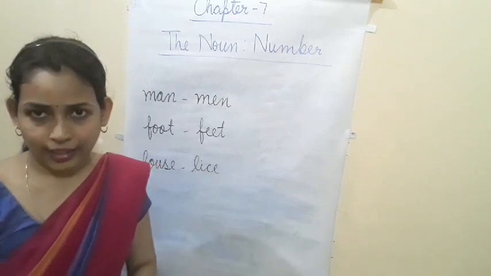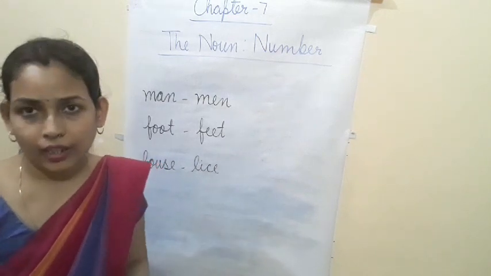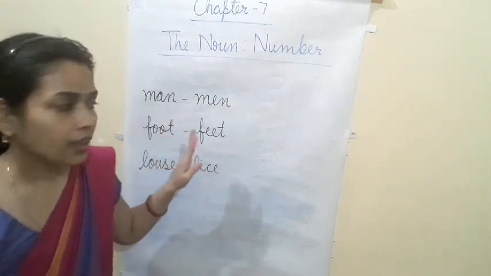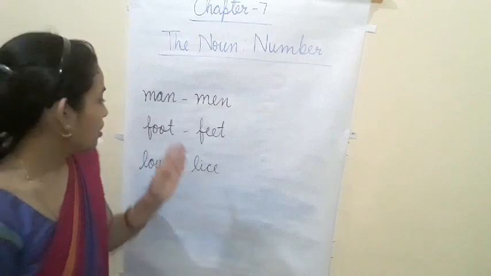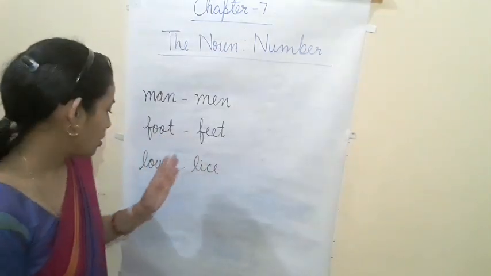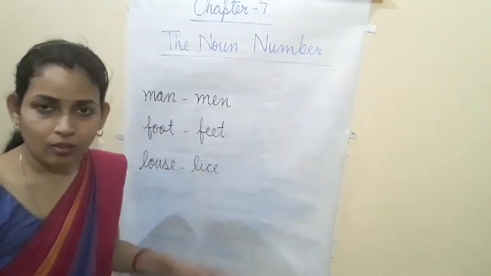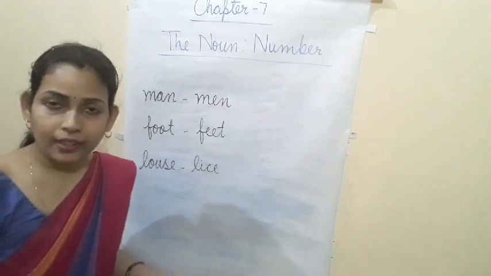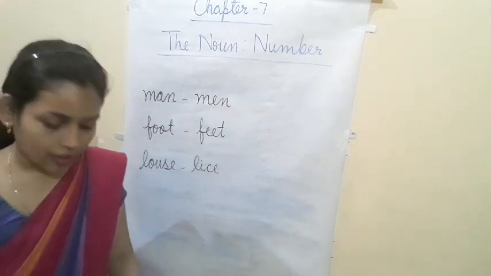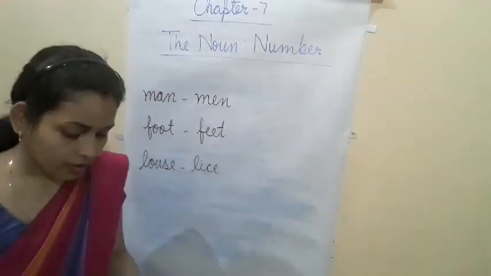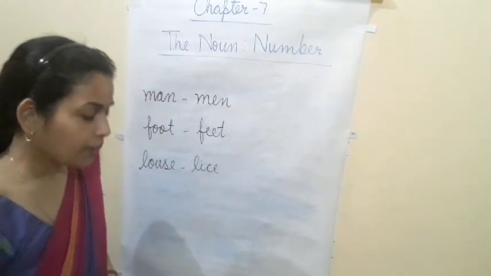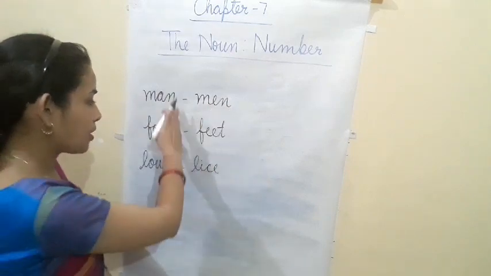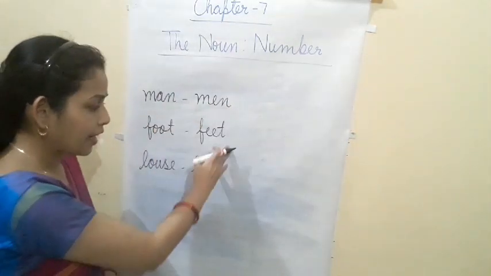We make the plural in this way: man, men, woman, women, foot, feet, louse, lice. Okay, tooth, teeth. Many more examples are there. Goose, geese. Clear? So we make the plurals of some nouns like this also.